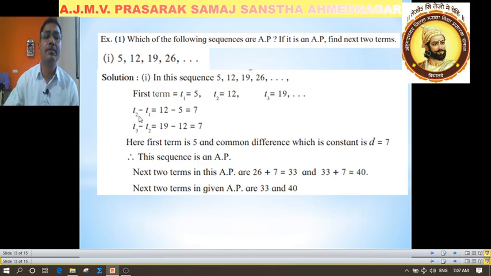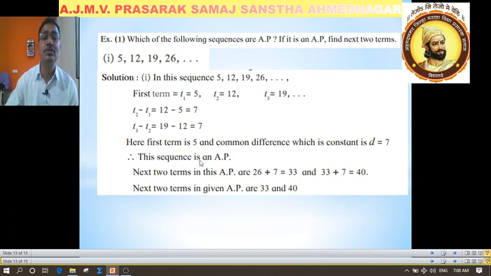Take the difference T2 minus T1: 12 minus 5 is equal to 7. T3 minus T2: 19 minus 12 is equal to 7. T4 minus T3: 26 minus 19 is also 7. So the difference between any two consecutive terms is 7, so it is constant. Here the first term is 5 and the common difference is D is equal to 7.